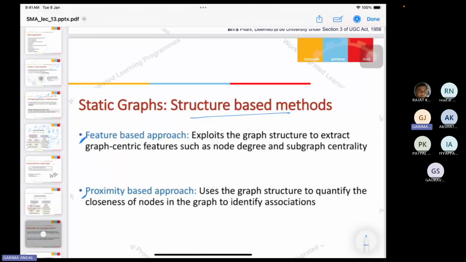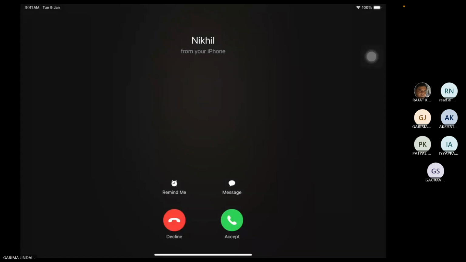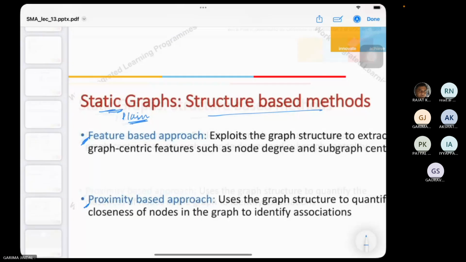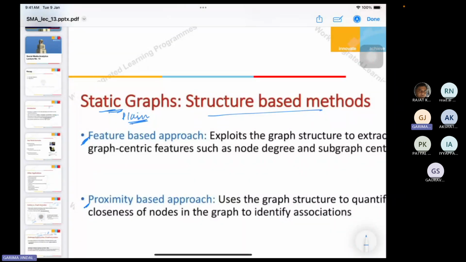So what is the feature-based approach? The feature-based approach is when you are extracting features from the network. Remember, currently we are considering static plain graphs. Here we do not have any attributes associated with nodes or edges. So what will we do?